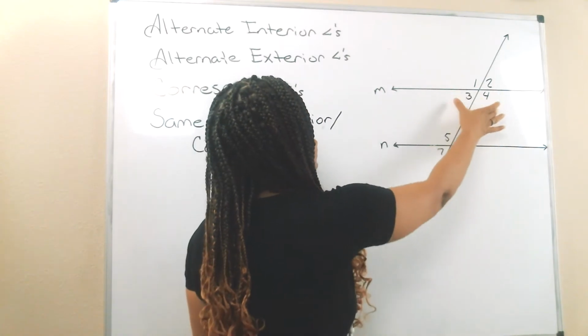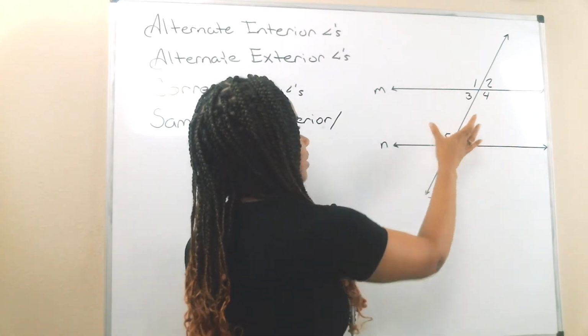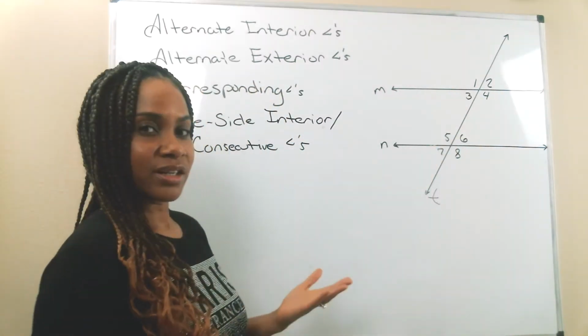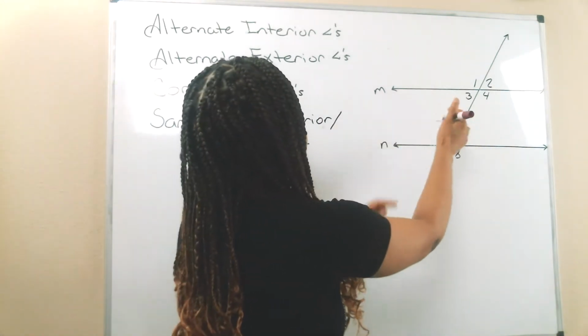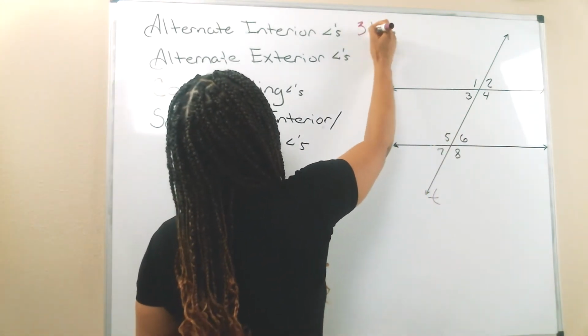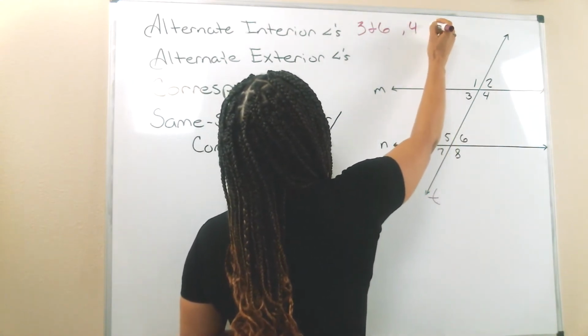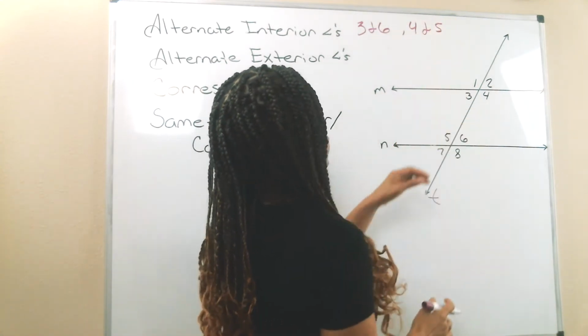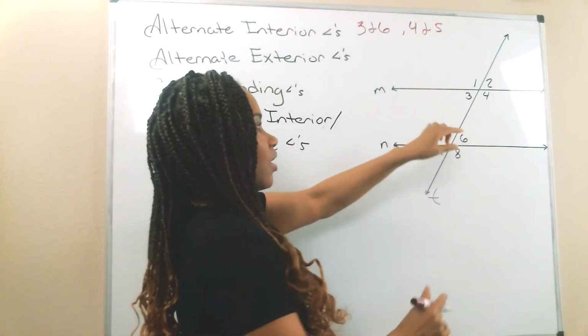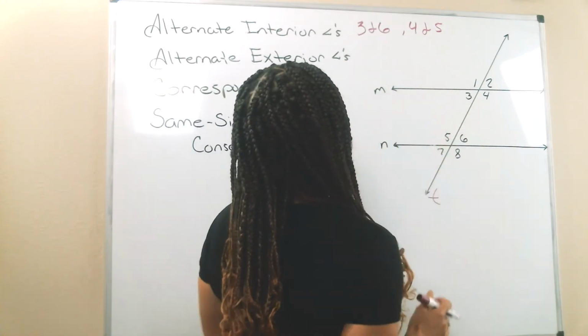And so these four angles would be on the interior. The alternate interior would be 3 and 6, and 4 and 5. So alternate interior: inside the two lines here on opposite sides of a transversal.